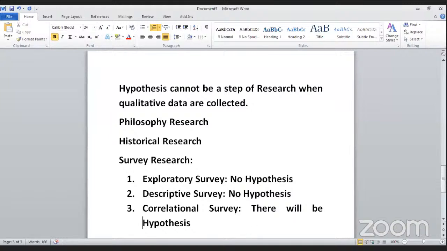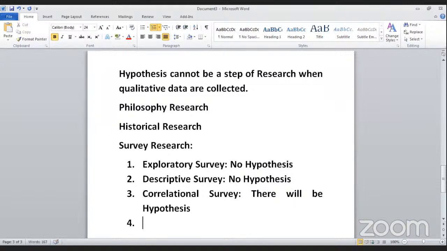Now there is another type of research, and that is experimental research. Whenever you are doing an experimental research, there has to be a hypothesis.